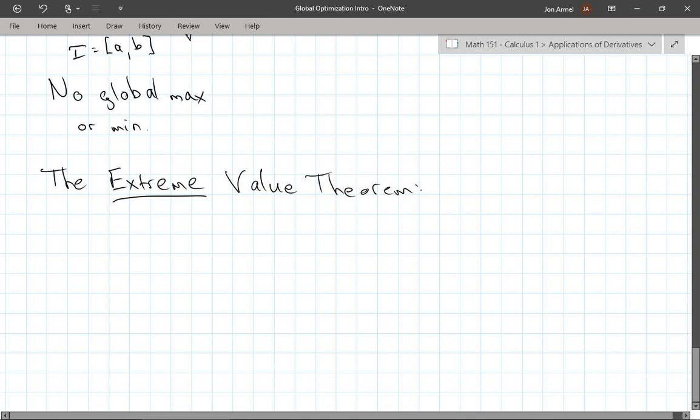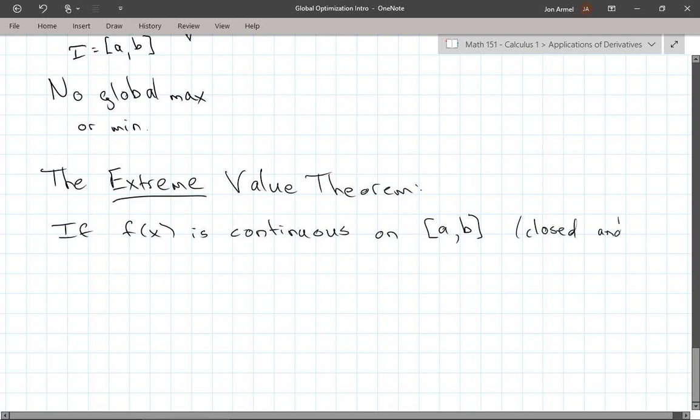And it says this: if f of x is continuous, and we already saw the continuous part is very important, it's continuous on the interval from a to b. Notice that I am putting square brackets on here. So notice this is closed and bounded.